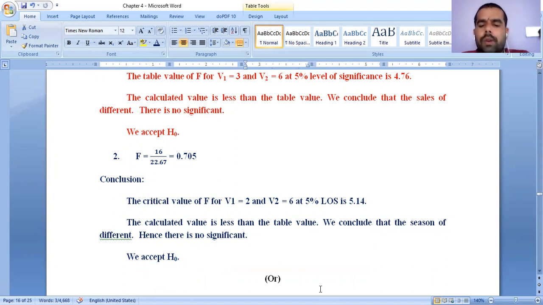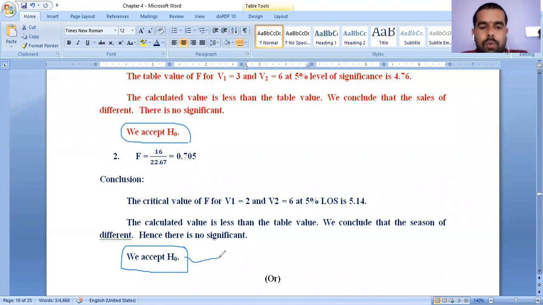Okay, here you observe carefully, in the two-way classification you have to write the conclusion twice, but another important thing is here. In the first conclusion we accepted H naught, and in the second conclusion also we accepted H naught.